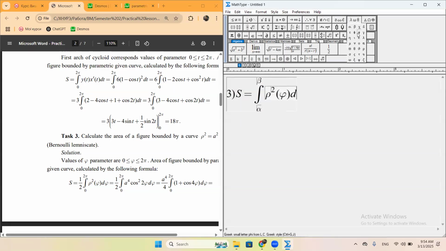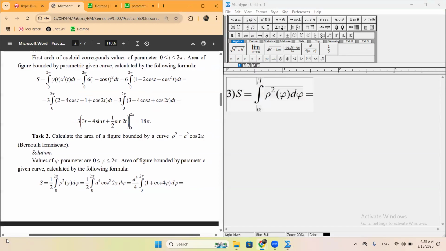In this case, a rho square, and in our case here is already given rho square, so it's convenient for us. So let's calculate from 0 to 2p, a square cosine of 2 phi d phi.